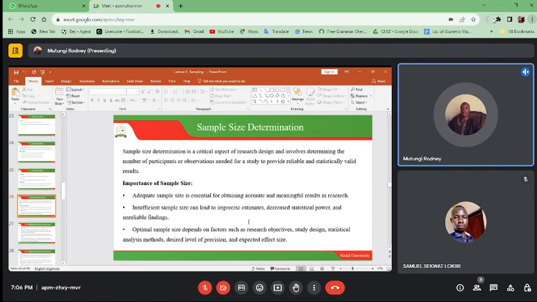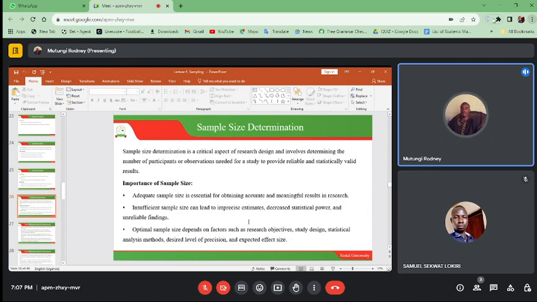So in this case, it will decrease our statistical power. Okay, we cannot convince people that from these 10 people, the results that we got, we can generalize to the bigger population of the people that are in Juba. You cannot use 10 people's information to infer something that is happening in a very big population.